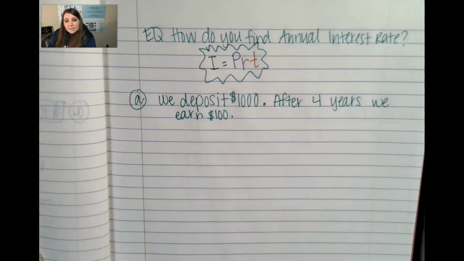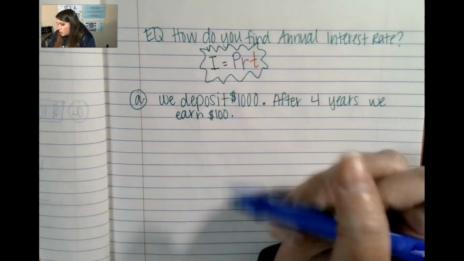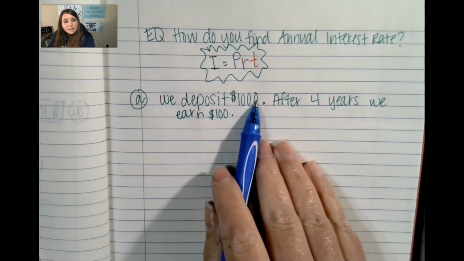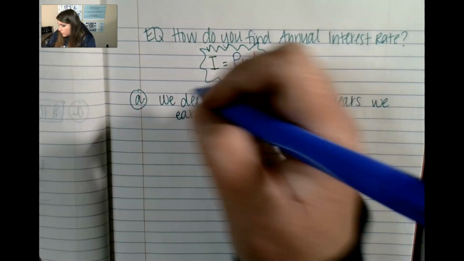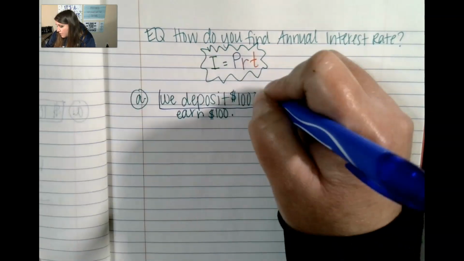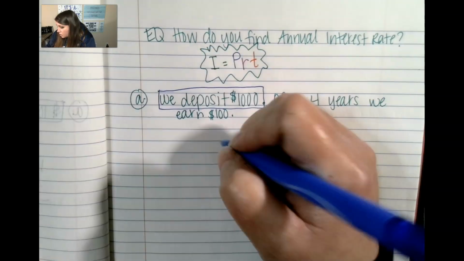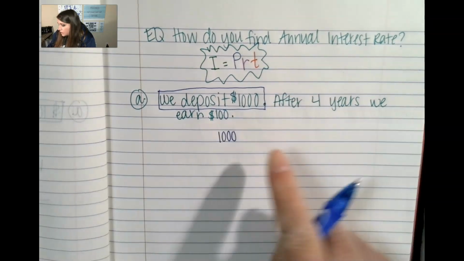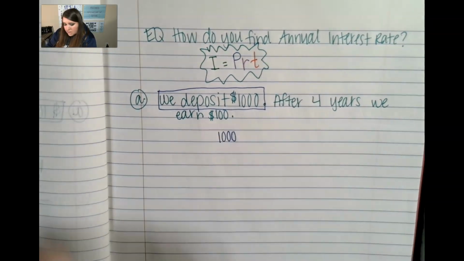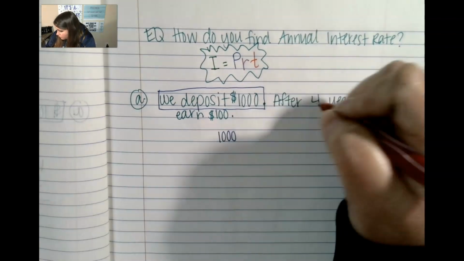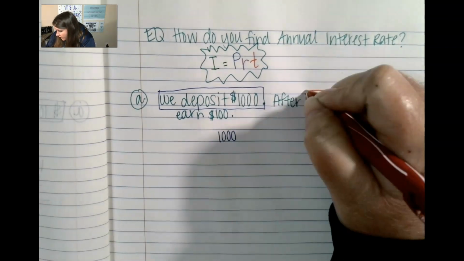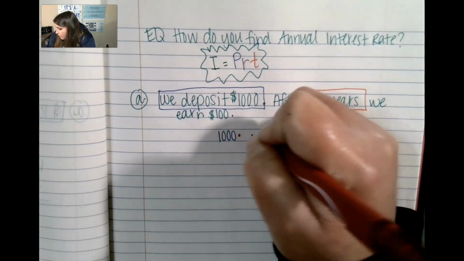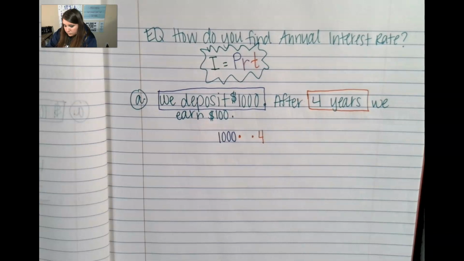So we're going to take this information and put it into our formula. Deposit $1,000. This is your principal, the initial amount of money. After 4 years, we know 4 years is the time in years, so we're going to multiply this by 4.